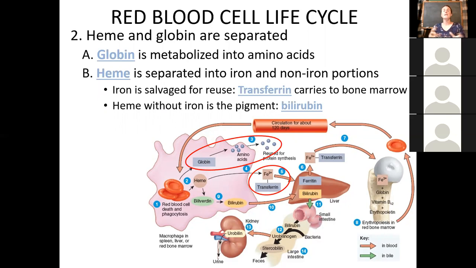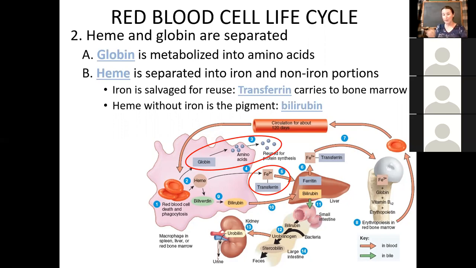A little bit more complicated is the recycling of the heme. Remember, the heme is the iron component. It's what actually binds to oxygen. There is another part of this molecule, and in the spleen, liver, and bone marrow, we can take the heme and break it apart.